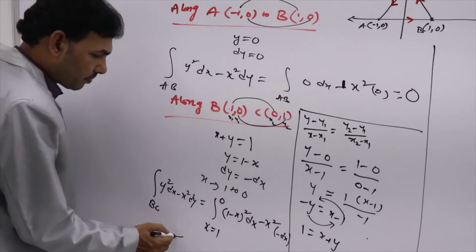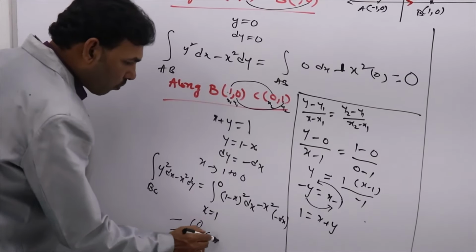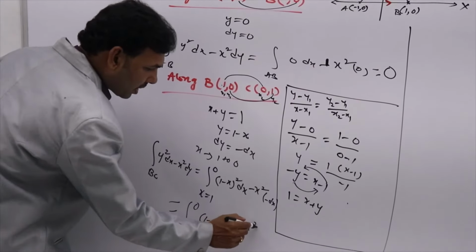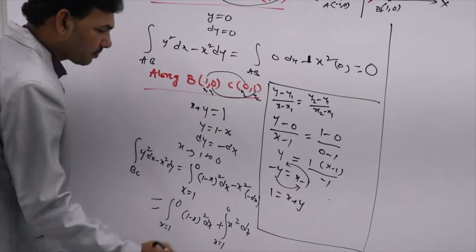So what you will get is the integral from 1 to 0 of (1 minus x) whole square dx, minus into minus plus x square dx. I am separating the integrals with the same limits 1 to 0.